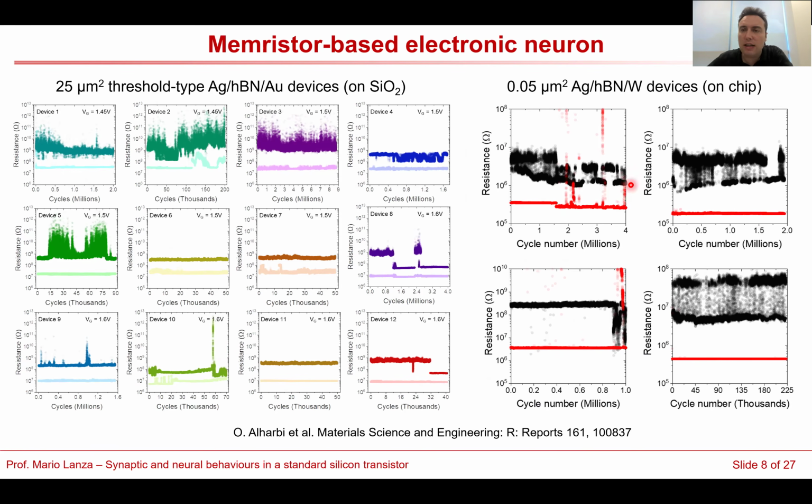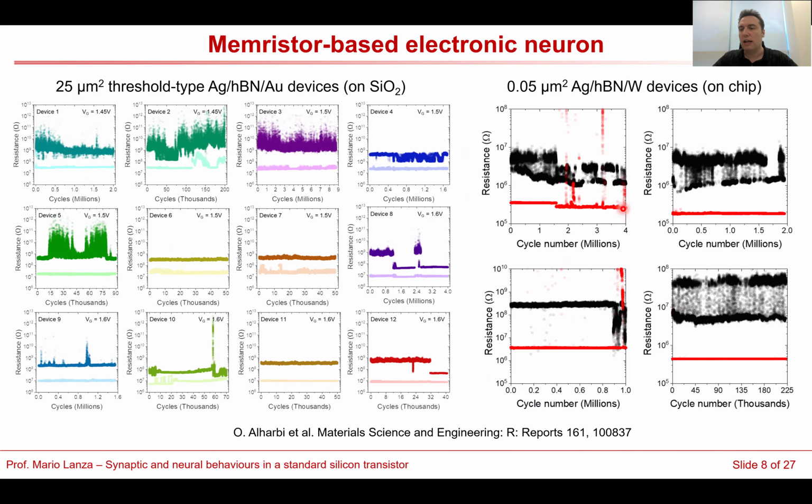We have fabricated another sample on chip with these silver boron nitride memristors. In this case, the size is much smaller and they are integrated on the tungsten via that goes from the third to the fourth metallization layer of the transistor. You can see that we don't have an ideal curve.